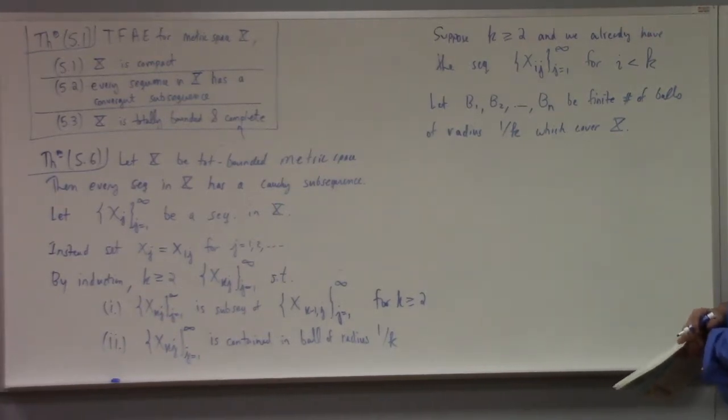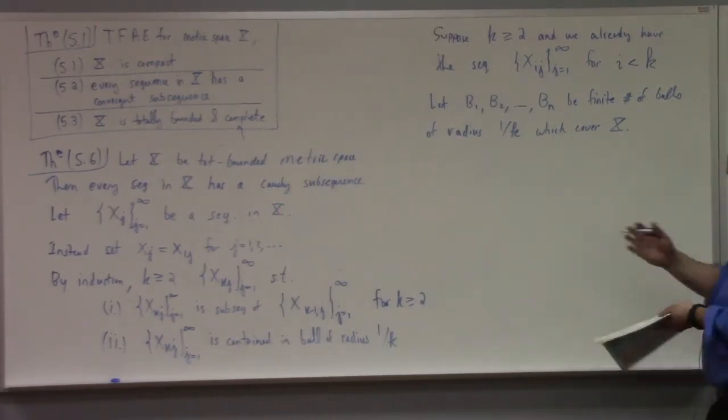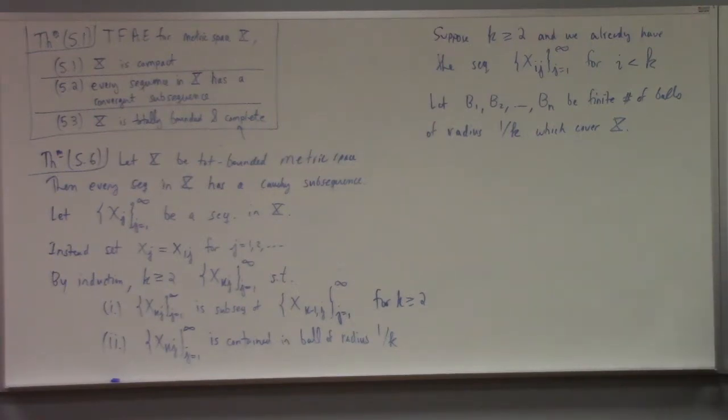Oh, it's totally bounded. Yes. Okay, definition of totally bounded, perhaps? Then what? He says, since there are infinitely many indices j and only finitely many balls, there must exist at least one ball, say Bm, such that x_(k minus 1),j is in Bm for infinitely many j greater than or equal to 1.